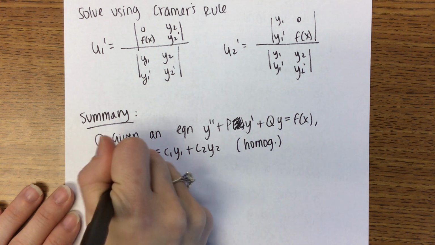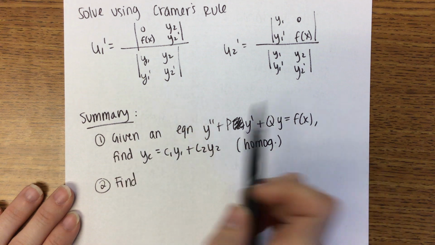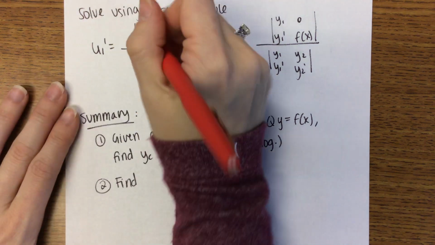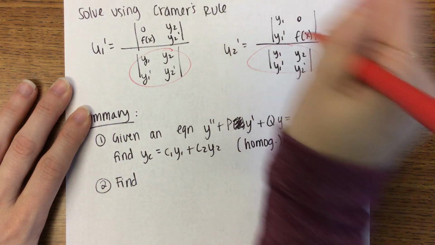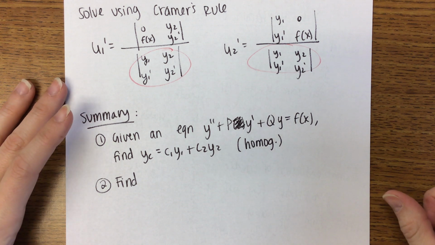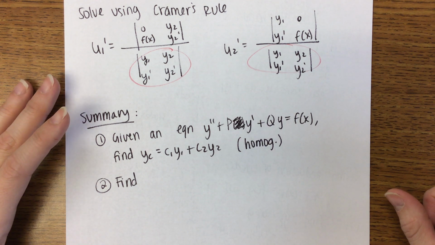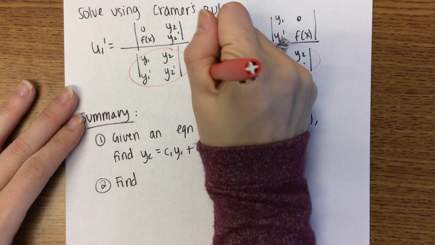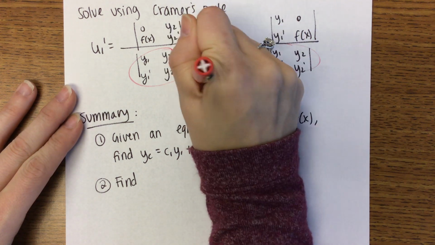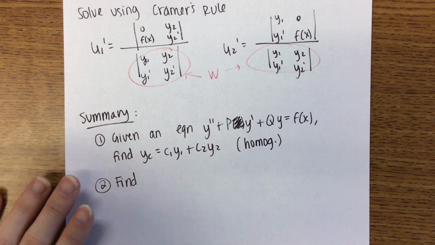Then what you're going to do, this determinant in the denominator, what is that? You've seen that before? The Wronskian. Yeah, that's the Wronskian.